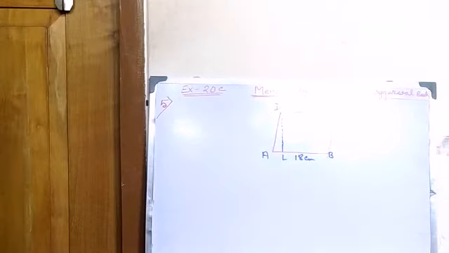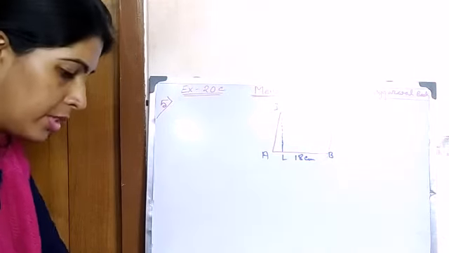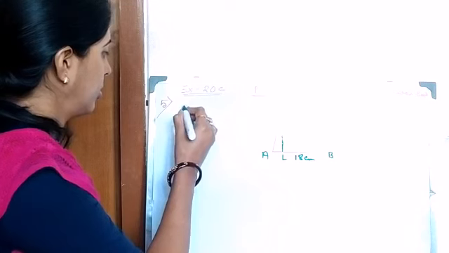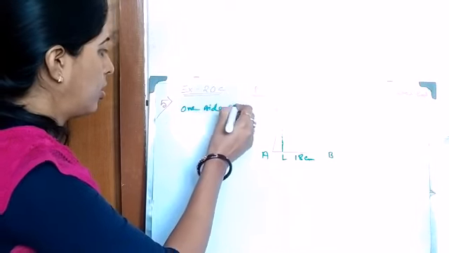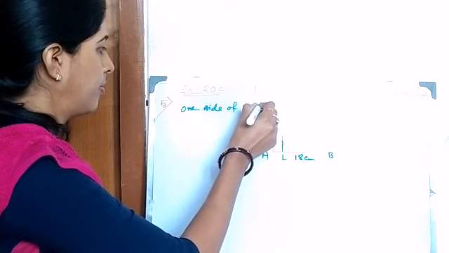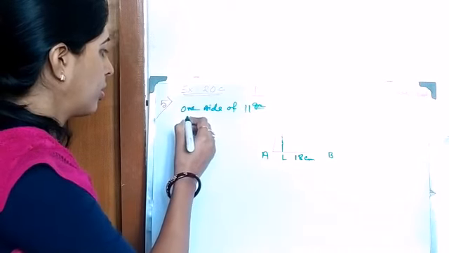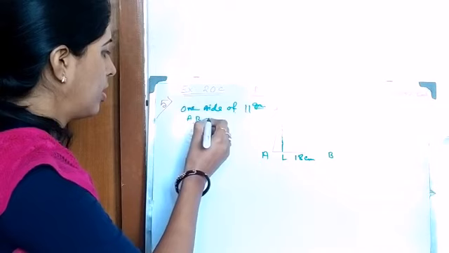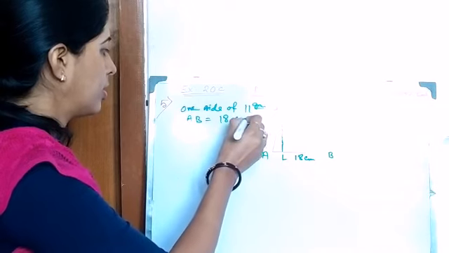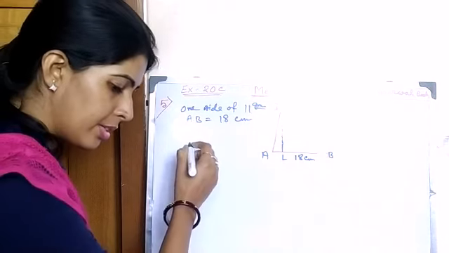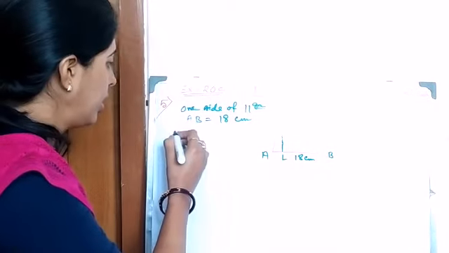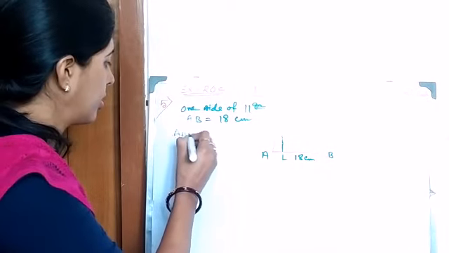Now first of all the statement I write: one side of parallelogram, that is AB, equal to 18 centimeter, and its area is given.